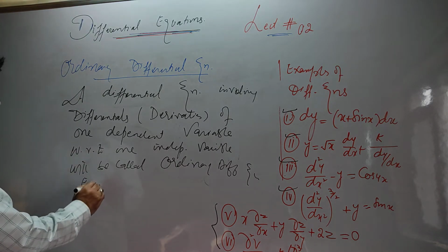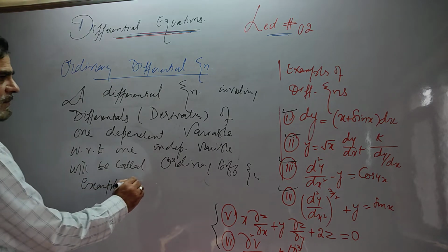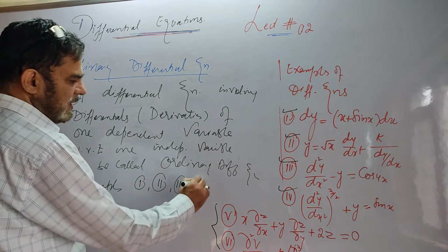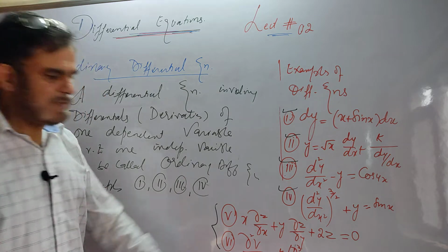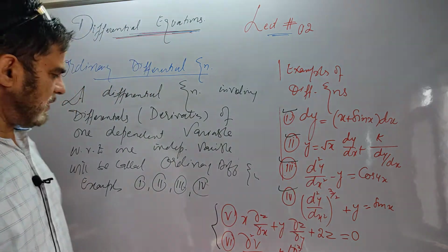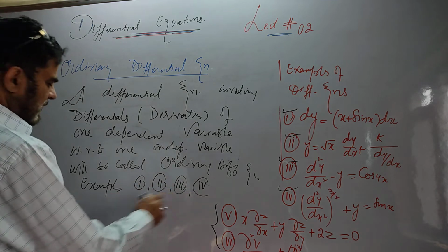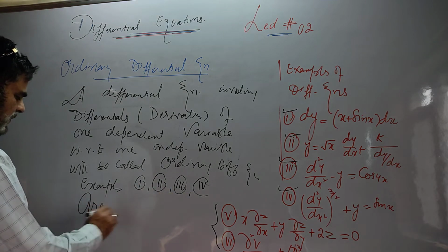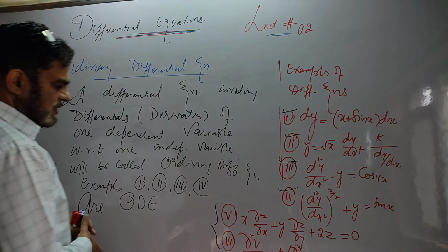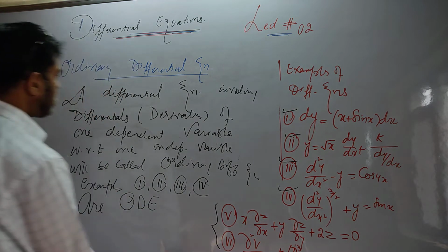Examples: 1st, 2nd, 3rd and 4th. They involve the derivative of y with respect to x, one dependent variable and one independent variable, so they are ordinary differential equations. Now, what are the partial differential equations?